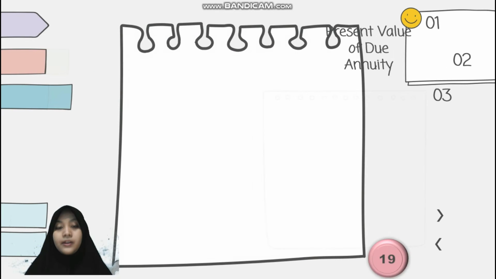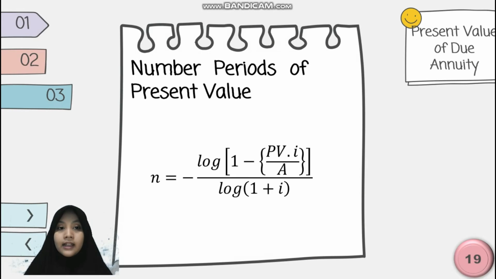And then we can get the formula to find the number of periods of present value. The formula is n equals log (1 minus present value times I divided by A) divided by log (1 plus I).